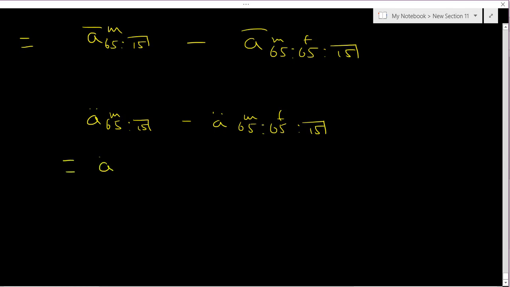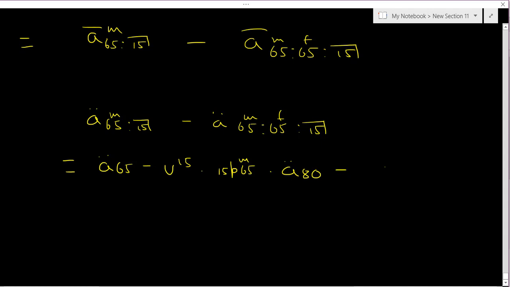So this just becomes a double-dot 65 minus, applying the formula, v^15 times the probability that a male aged 65 survives 15 years, times a double-dot 80.